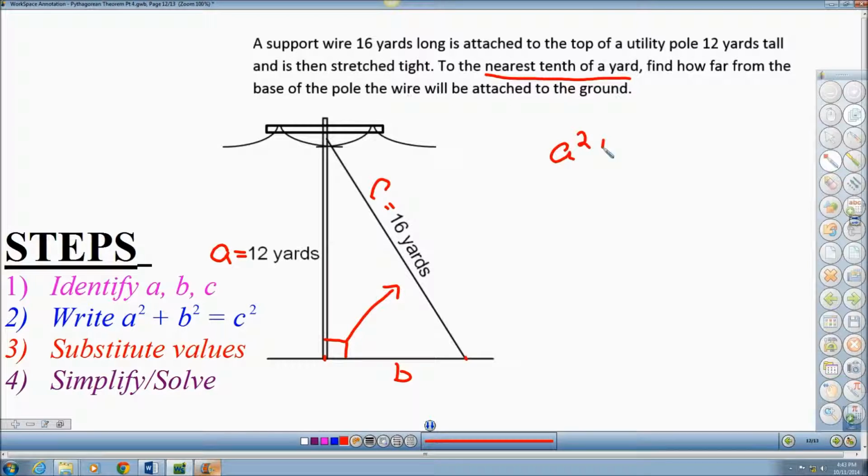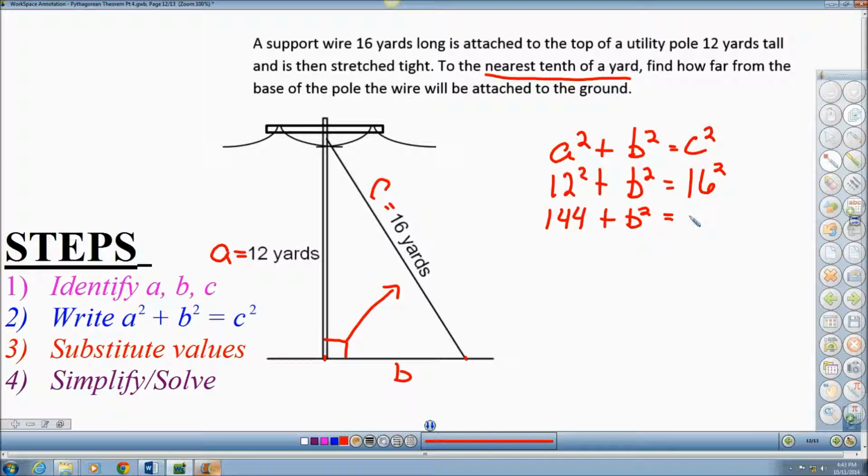A squared plus B squared equals C squared, where A is 12, B is unknown, and C is 16. 12 squared makes 144. Still have B squared here. 16 squared is, well, let me see, 256.